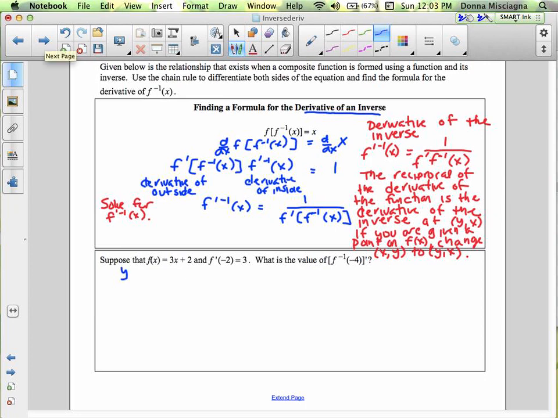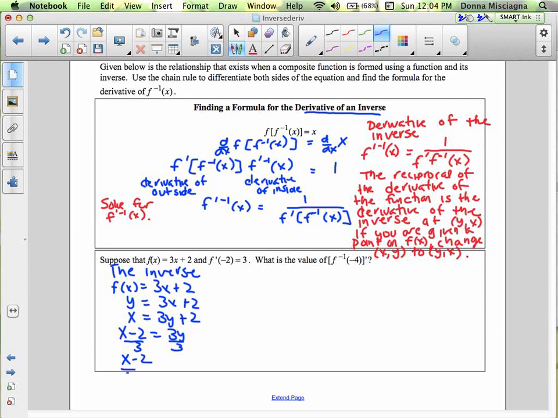So we have f of x equals 3x plus 2. That's y equals 3x plus 2. Switch x and y, so x equals 3y plus 2. Subtract 2: x minus 2 equals 3y. Divide by 3, so x thirds minus 2 thirds equals y.